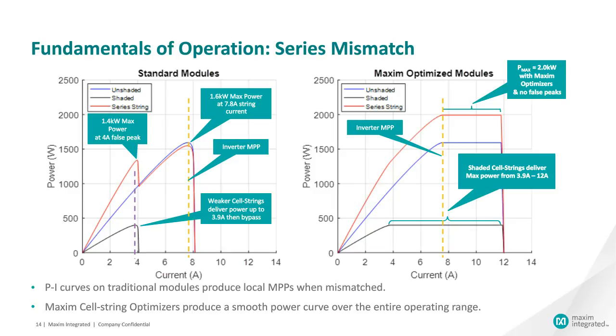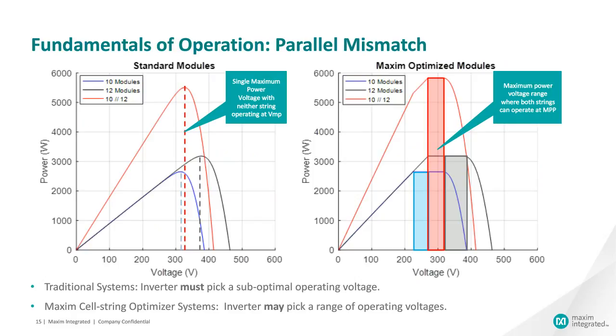If we look at this under parallel mismatch, we get a mismatch in voltage. So for this example, we'd take two strings, a string of 10 modules and a string of 12 modules. If we combine them in parallel in a traditional system, we get the graph on the left. What you see here is three distinct operating points.